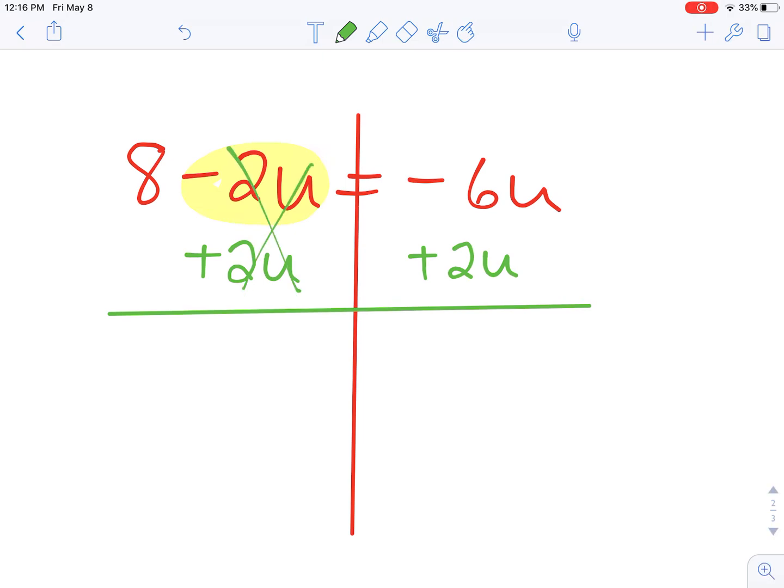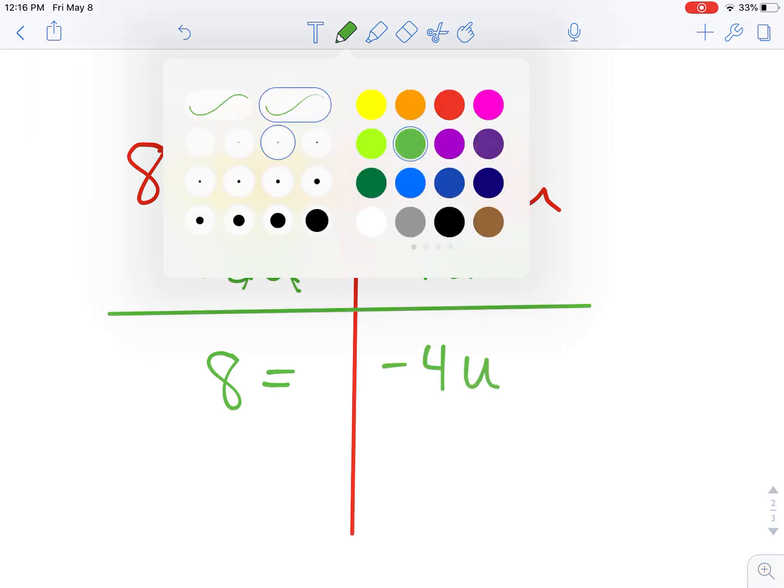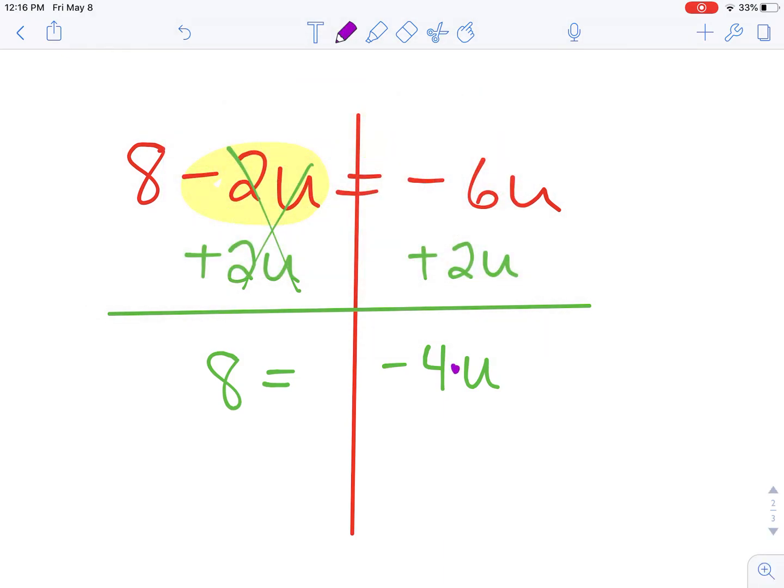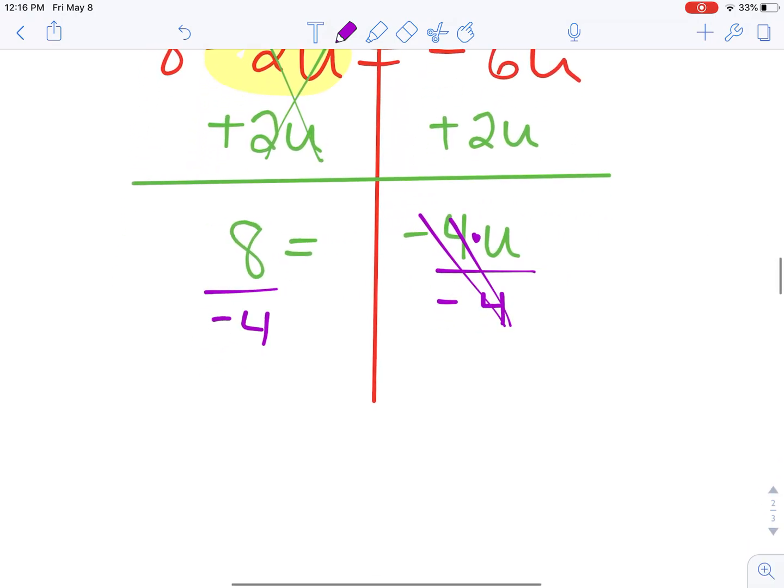Those will cancel. And then we get 8 equals, and then we're combining like terms, so negative 6 plus 2 is negative 4u. To undo this multiplication, we are going to divide by negative 4. And then we have 8 divided by negative 4 is negative 2.